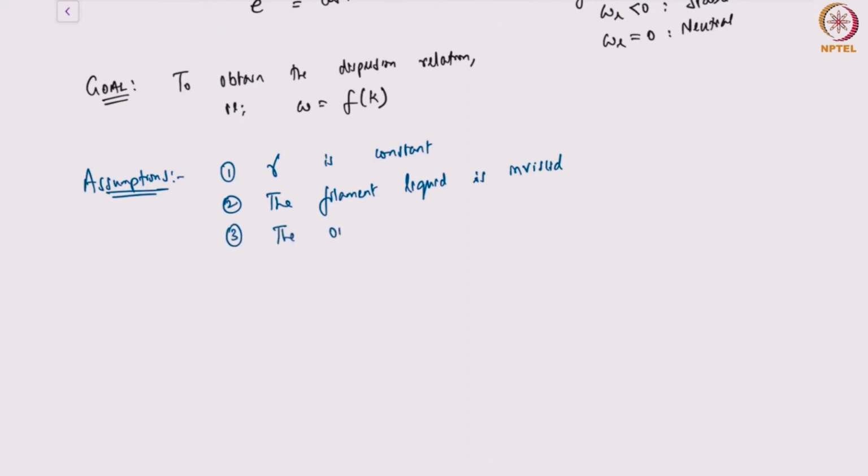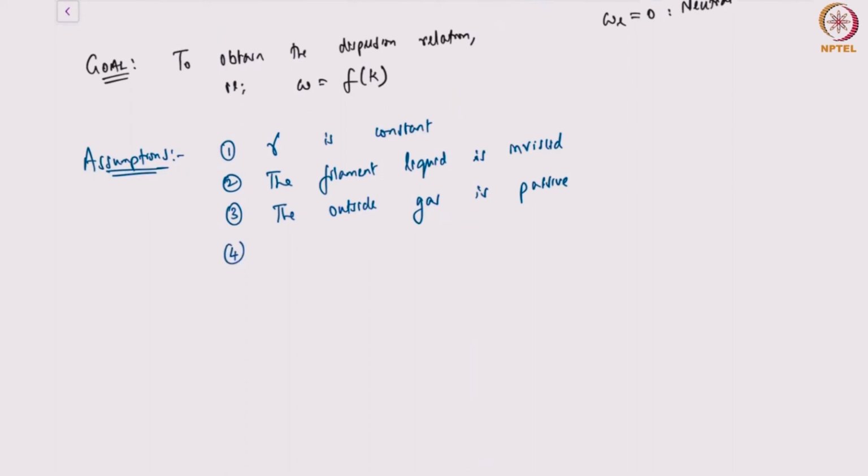The outside gas is passive. What it means is that it of course has viscosity 0, but I also don't need to worry about solving for the velocity field, the perturbation velocity field, in the outside gas. We've already seen this case, but let me write it down.